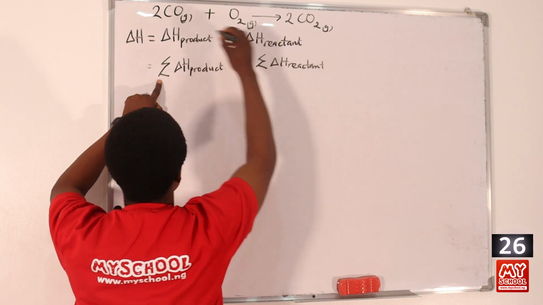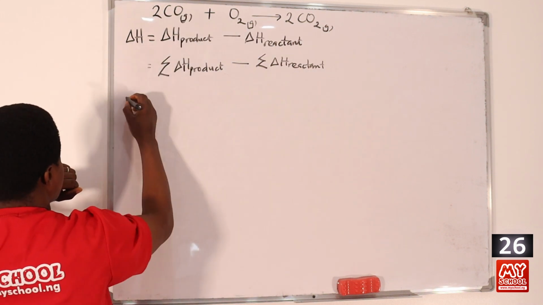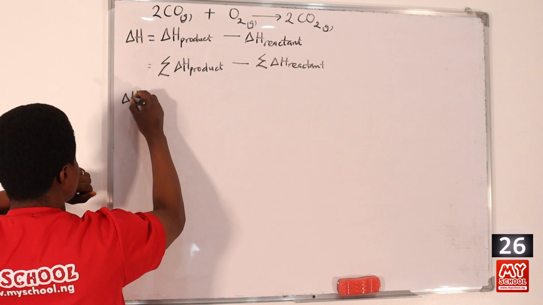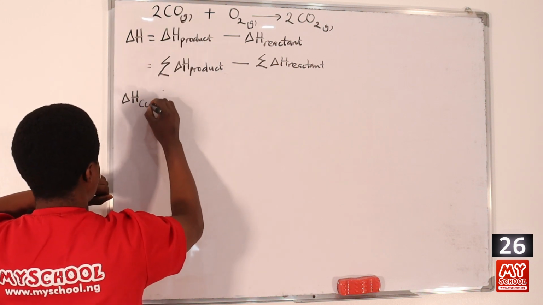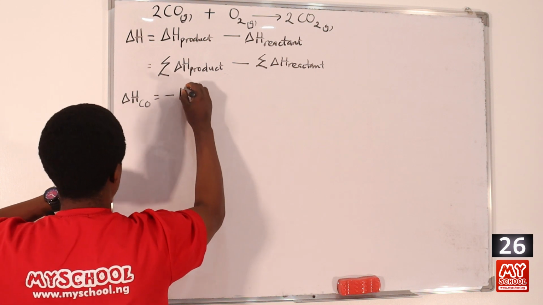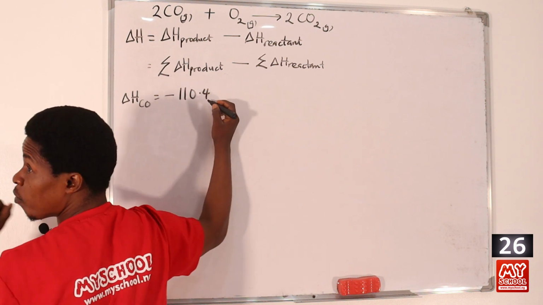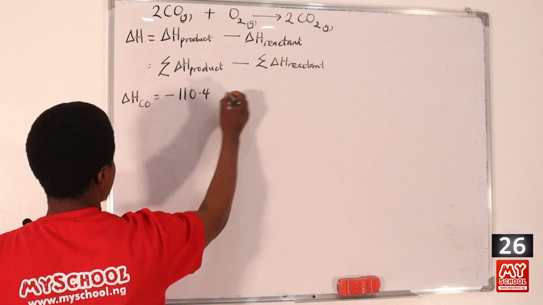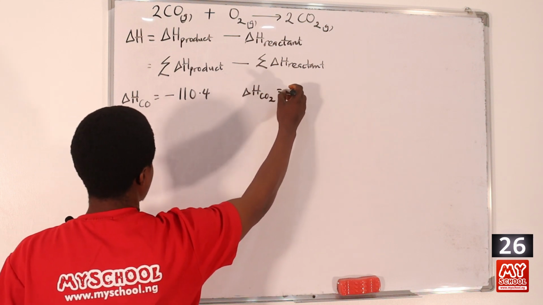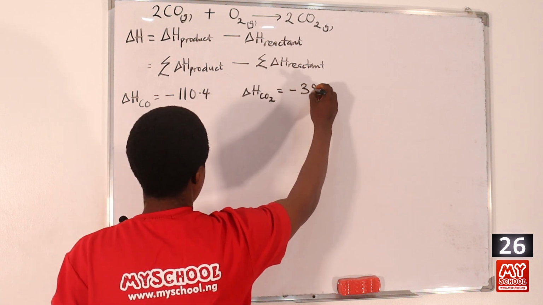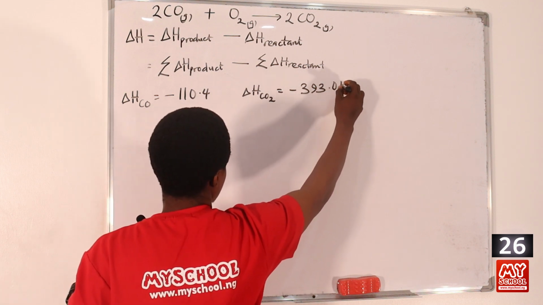Already from the question we're given that ΔH for CO is negative 110.4 kilojoules per mole, and that of CO2, the product, is negative 393.0 kilojoules per mole.